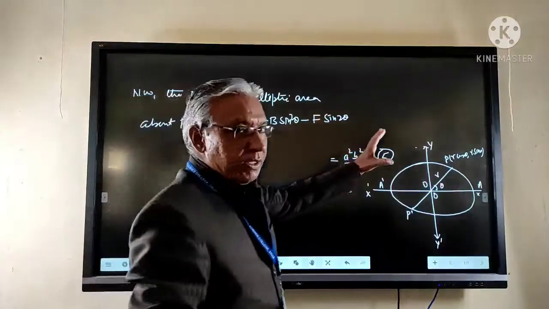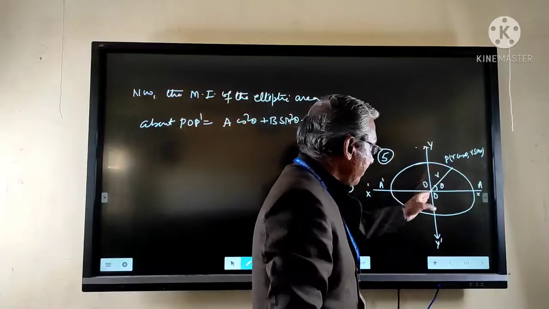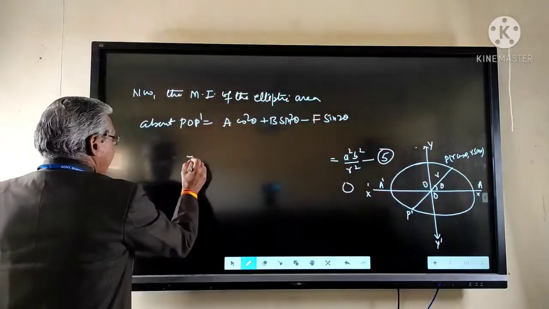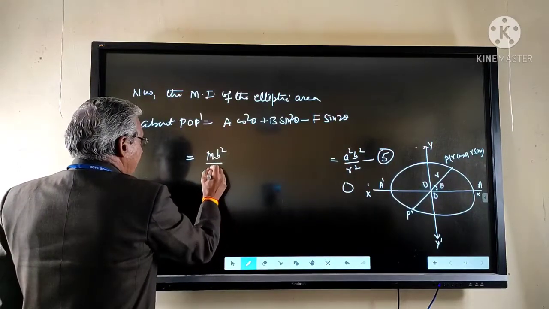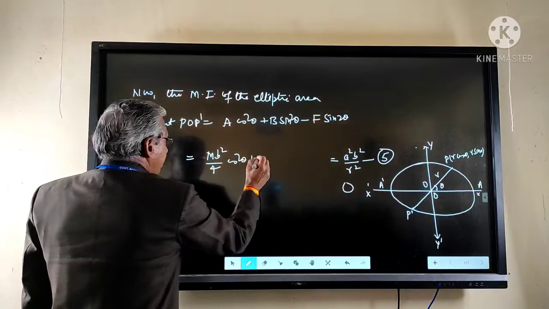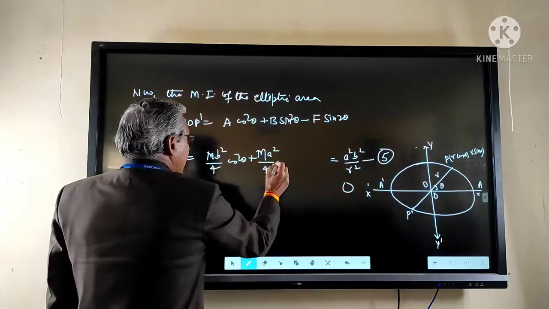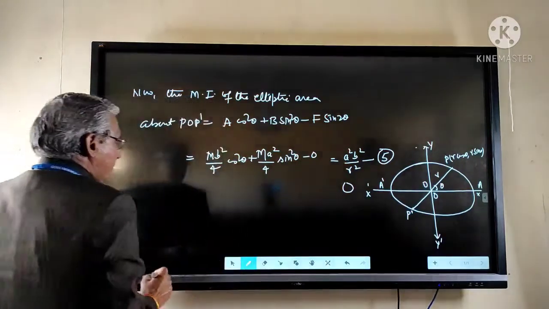This is the formula to find the moment of inertia of the line which makes an angle theta with x-axis. Here A is m b square by 4 cos square theta, B is m a square by 4 sin square theta. Here F is 0, so therefore it is 0.